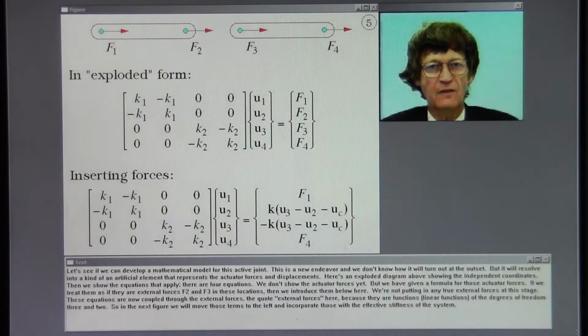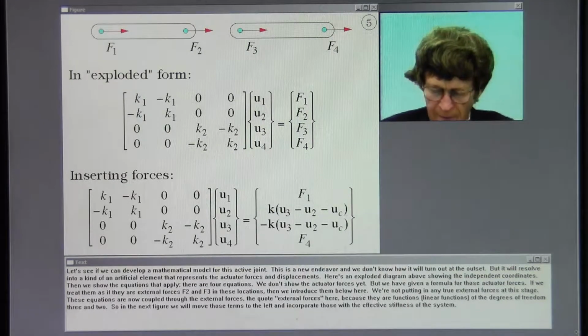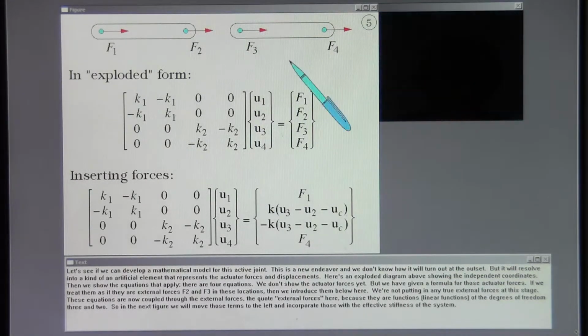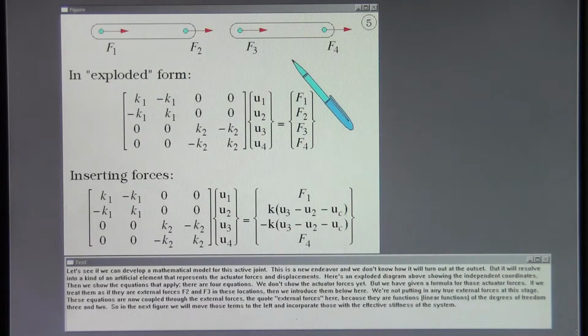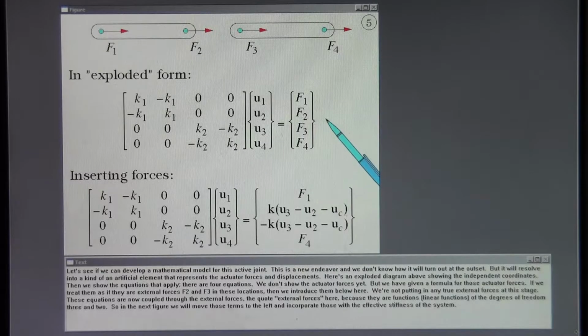Let's see if we can develop a mathematical model for this active joint. This is a new endeavor, and we don't know how it will turn out at the outset. But it will resolve into a kind of artificial element that represents the actuator forces and displacements. Here's an exploded diagram above showing the independent coordinates. Then we show the equations that apply.